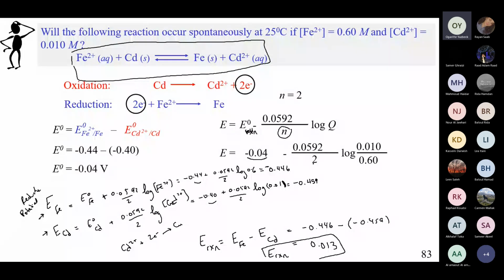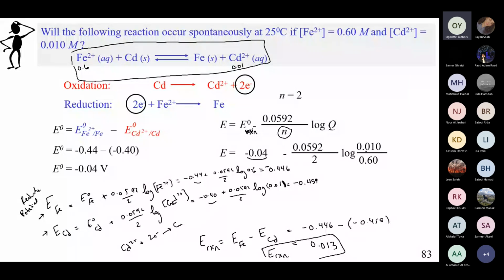This is 2, this is 2, so it's fine. Log of the products over reactants. What's the concentration of cadmium here? 0.01, and here 0.6.